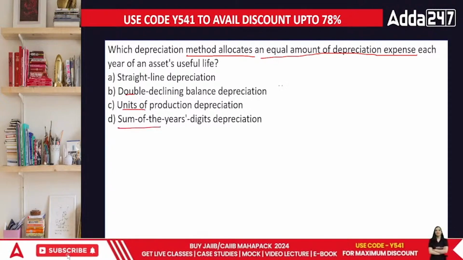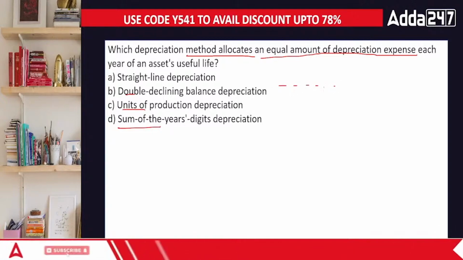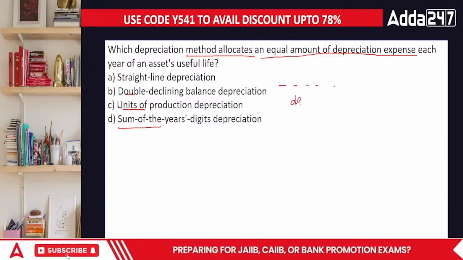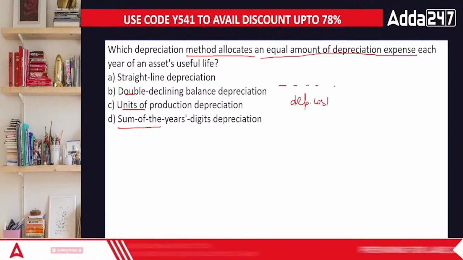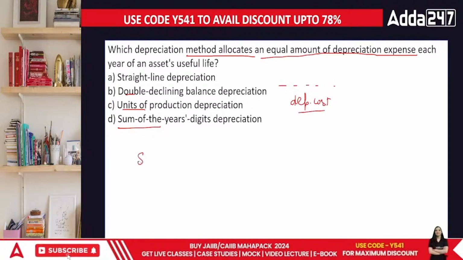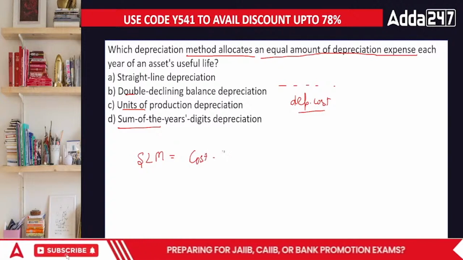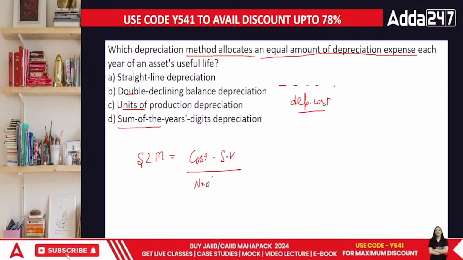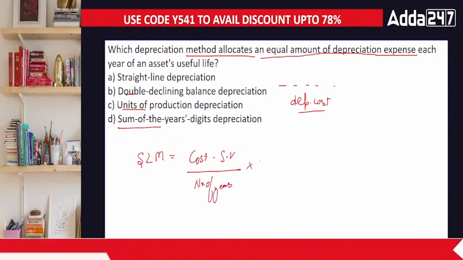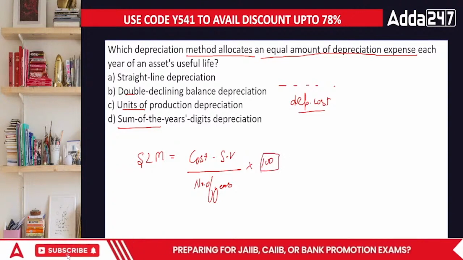See, if the same method of depreciation is being used and at the same time the depreciation cost is also the same, that is SLM. What is the formula for the straight line method? From cost you remove the salvage value, divided by the number of years, and multiplied by 100 if you're looking for the percentage.